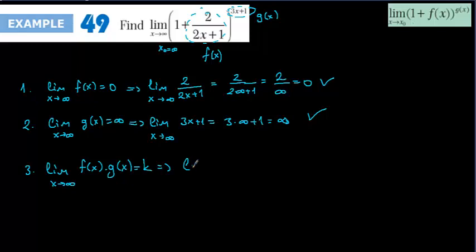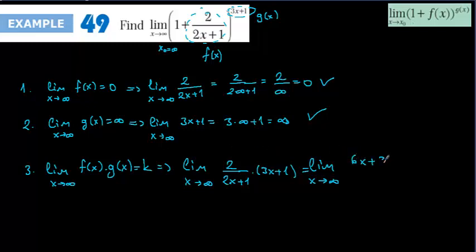That implies limit x tends to infinity, f(x) is equal to 2 over 2x plus 1 times g(x) is equal to 3x plus 1, and that value is equal to limit x tends to infinity of (6x plus 3) over (2x plus 1), because the 2 is multiplied by the numerator only.